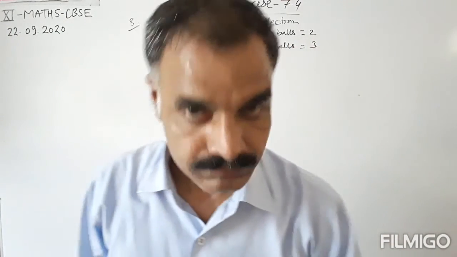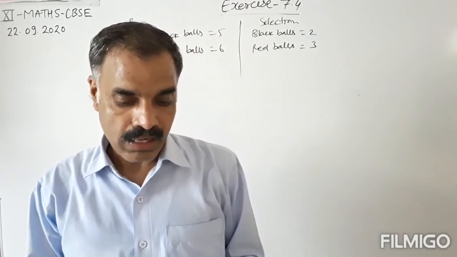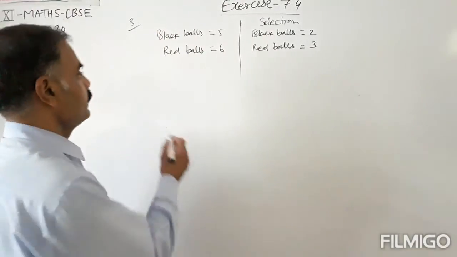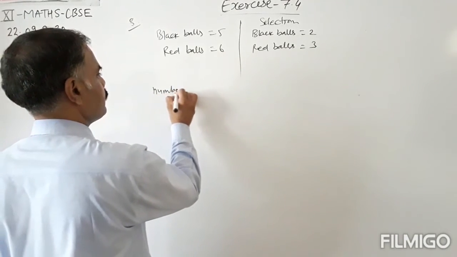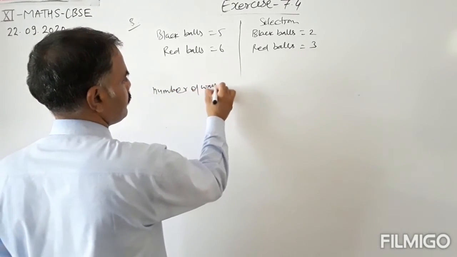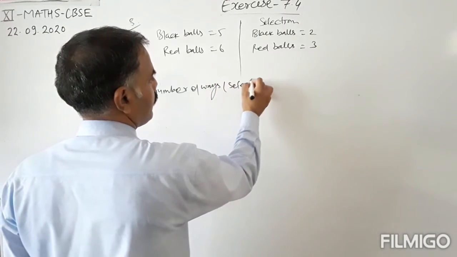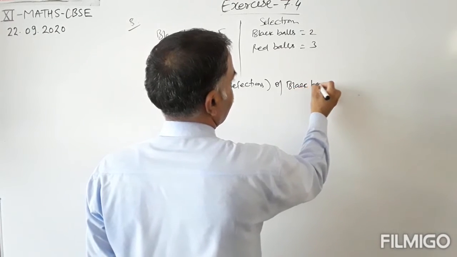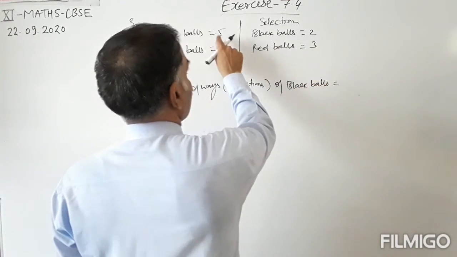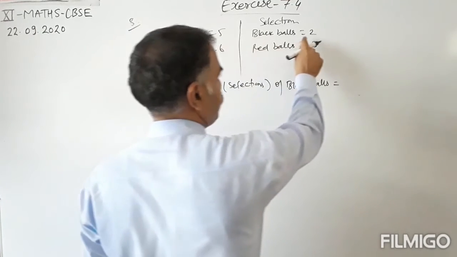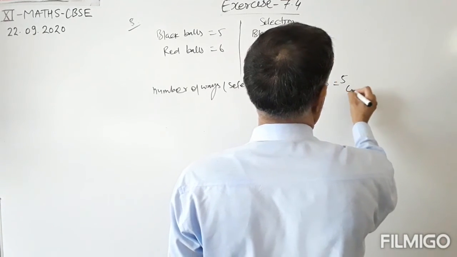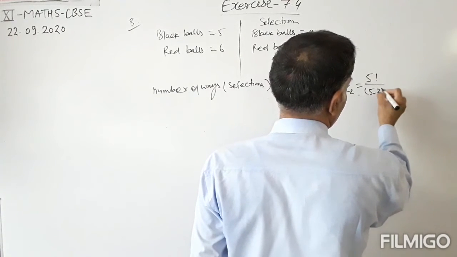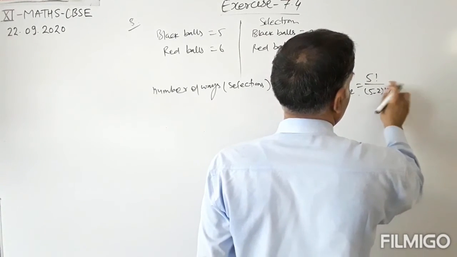Okay. So how many ways? We have to find the total number of ways. So number of ways or selections of black balls: total balls are 5, we have to select 2 balls, 5C2. Factorial 5 upon (5 minus 2) factorial into 2 factorial.